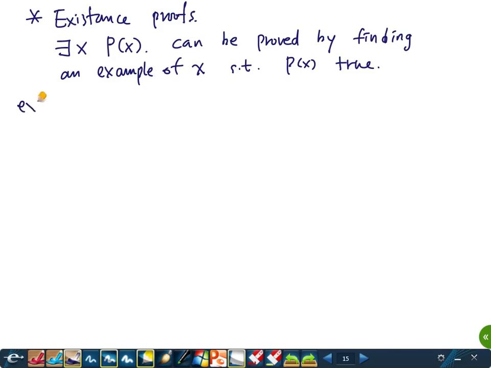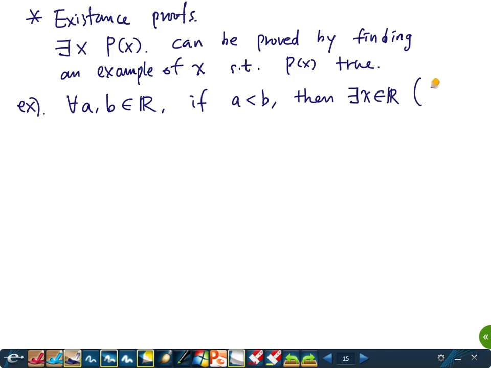So for example, for all real numbers a and b, if a is less than b, then there exists a real number x such that x is between a and b. What does this mean? When you have 2 distinct real numbers, there must be a real number which lies between these 2 numbers. Can you prove this?